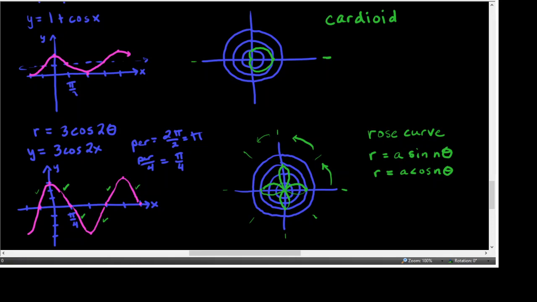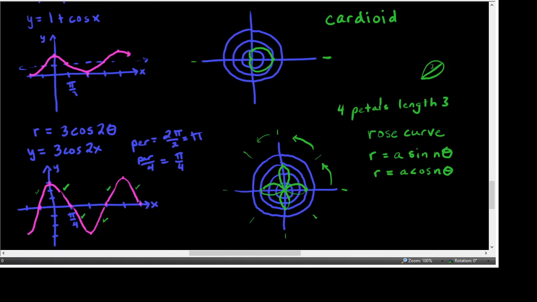If you notice, there are 4 petals on this particular one, and the length of the petal is 3. In other words, if you look at the petal, the distance along the axis of symmetry of that leaf, that distance for each one of those leaves is 3.